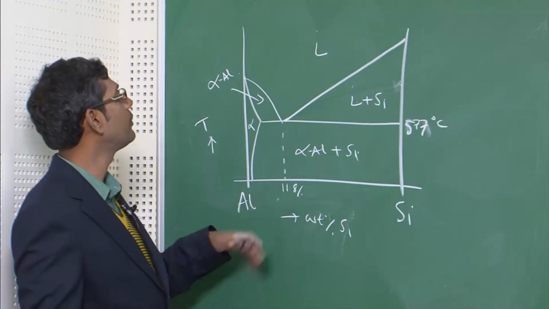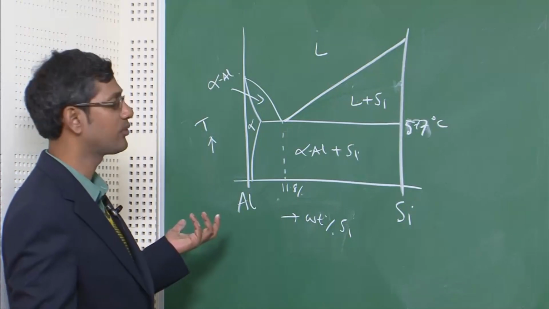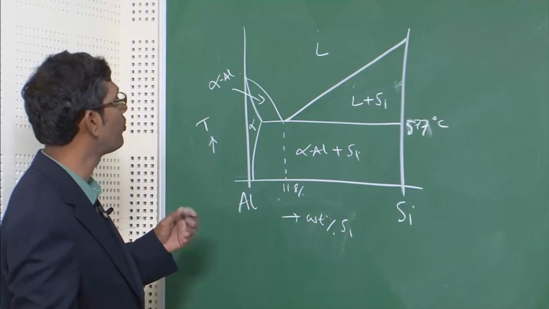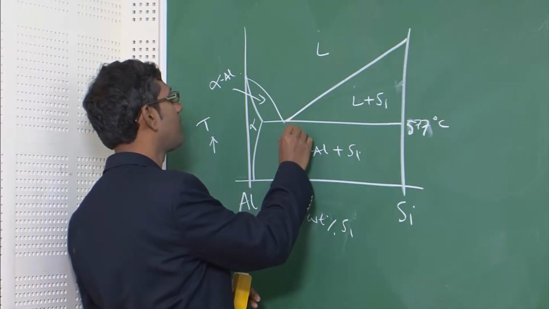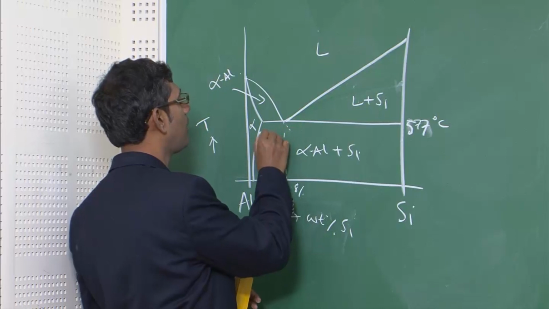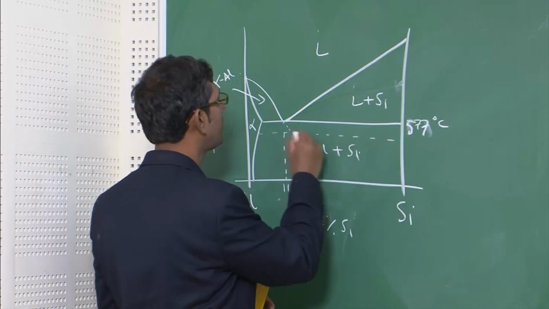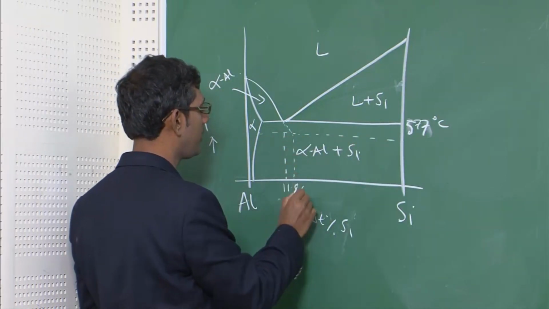Now whenever I add sodium or strontium or some other metals to modify it, then what it means is that the eutectic temperature shifts lower and the composition shifts to higher. It becomes actually 14%.